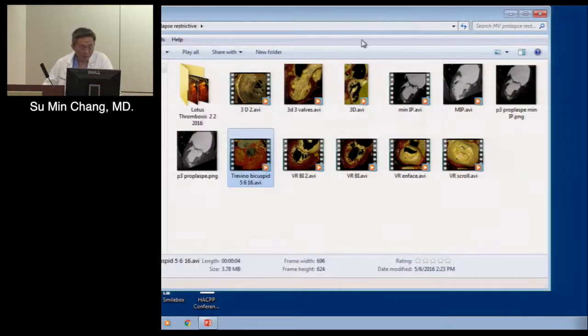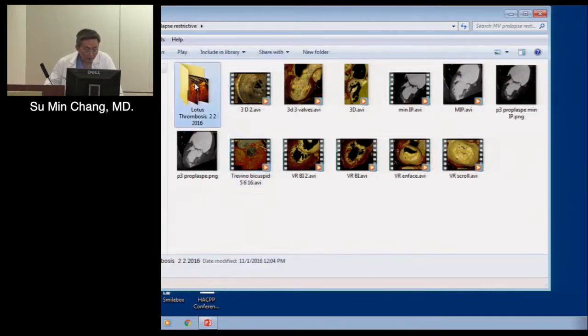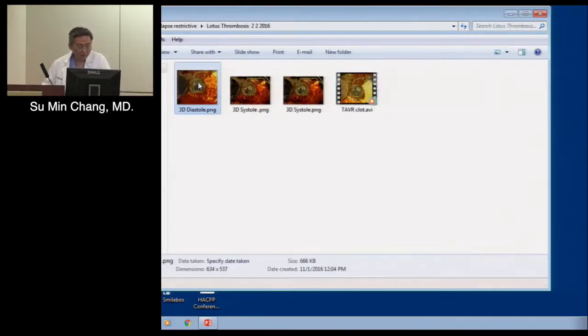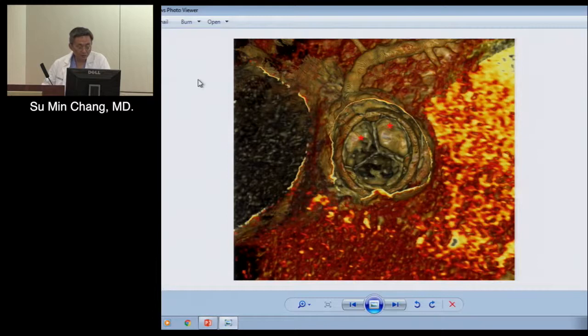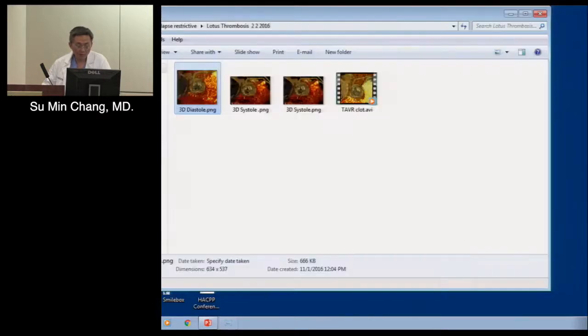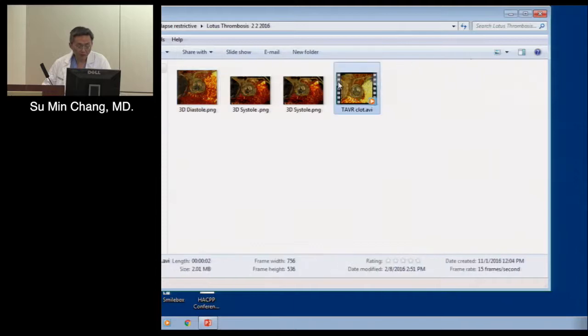Okay. And then, let me see. Okay. And this is what all the valve surgeons want to see. So this is still images of a 3D patient with prosthetic valve thrombosis of the aortic valve.